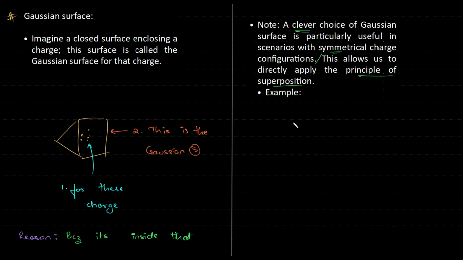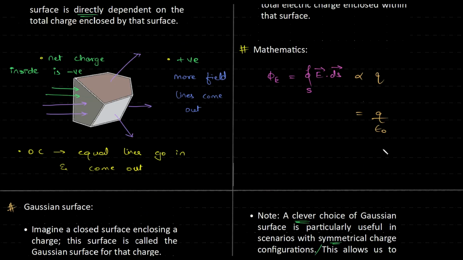Whenever we talk about, say, a line charge, we make use of a cylinder as our Gaussian surface. So this is our charge, and that's our Gaussian surface. Like this, we have quite a few structures and Gaussian surfaces to help us integrate and simplify this basically.